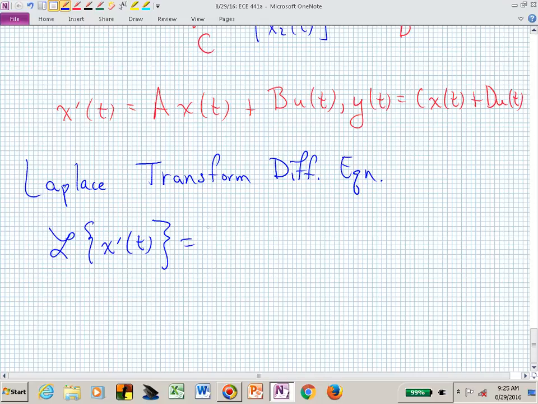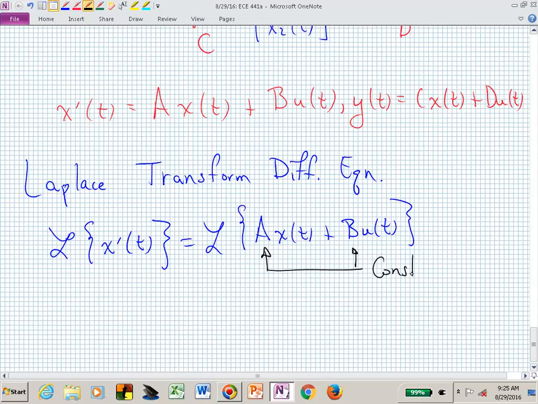Then that's equal to the Laplace transform of the right-hand side, which is A x of t plus B u of t. And remember that we're assuming that this is a time invariant system, or that these A and B are constant matrices.